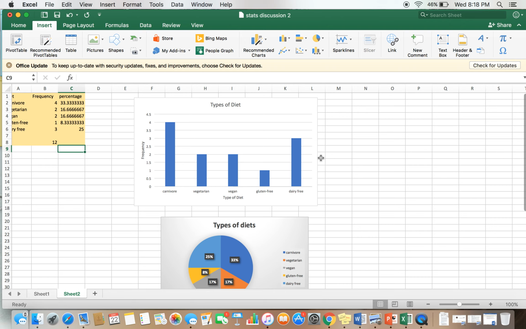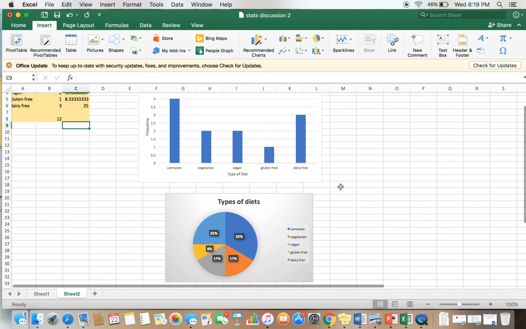Some cons of it, I think that sometimes it doesn't give a good overview of the data, so it makes these really big jumps, like this is 3 and this is 4, and that's only one person, but those just look like very big jumps. And I think if you had 2 bars, it would get kind of cluttered, but other than that, these are universally well understood and well created, so pretty happy with that.